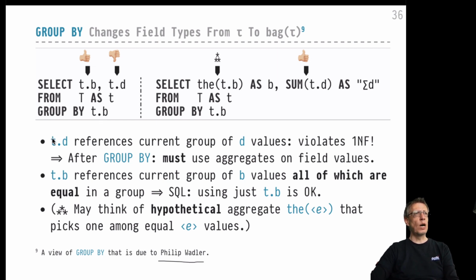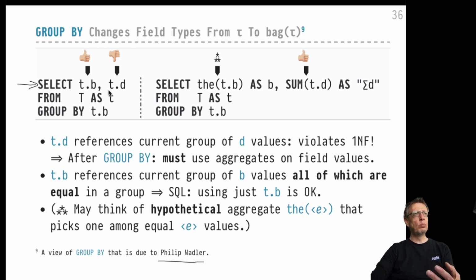Let's look at this example. After this group by clause, of course, processing is happening in group-wise fashion, and that affects the select clause in this particular query. So this select clause is performed in group-wise fashion. And according to Phil Wadler, the type of TD, the type of this field, has changed from int to bag of int.